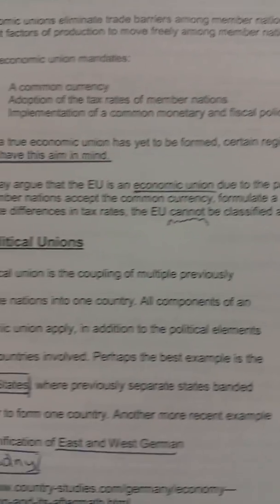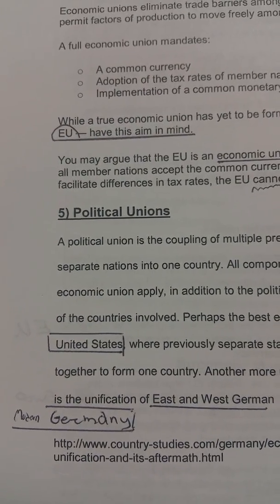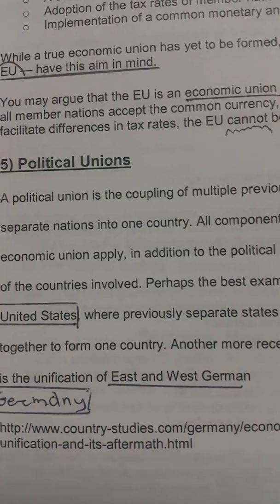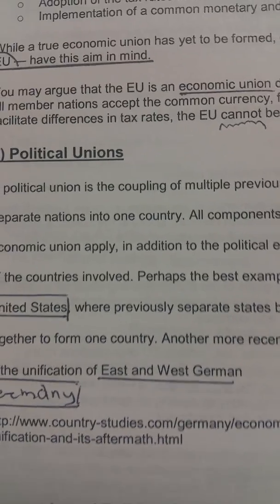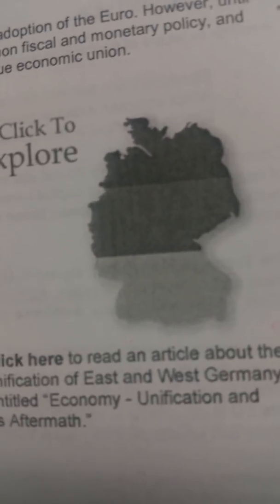And then finally, give me an example of a political union. The United States was previously separated states, and then they came together and formed a country. Okay, very good. And the other example is East and West Germany.